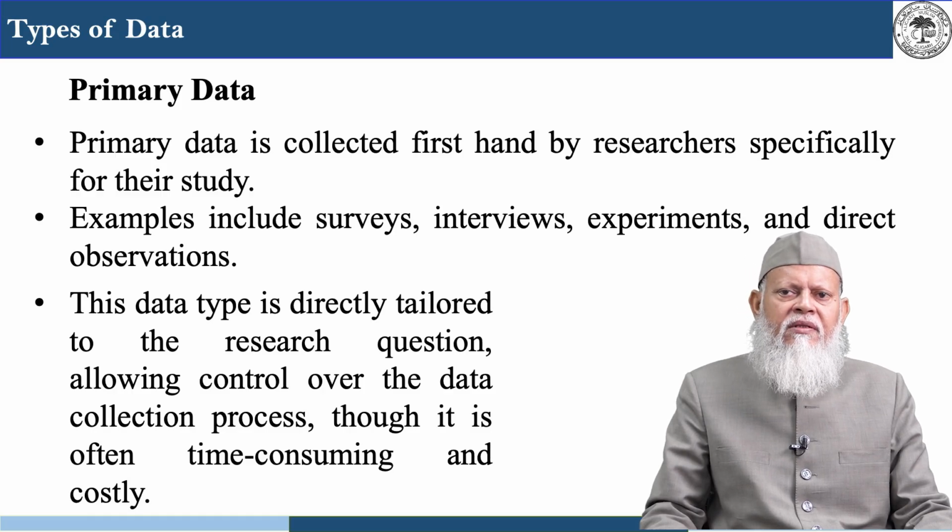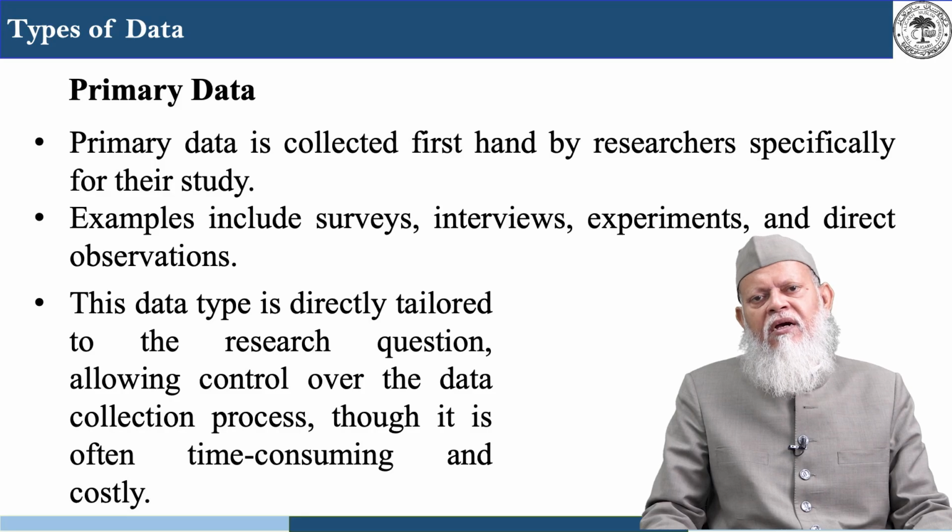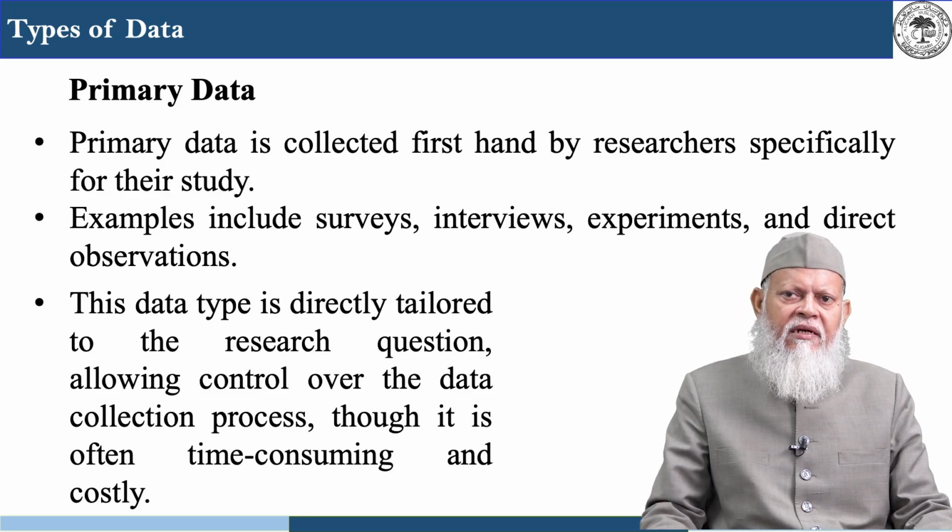So, this primary data is the data which has been collected for the first time and specifically for the study of that problem which we have undertaken, which a researcher is working upon.